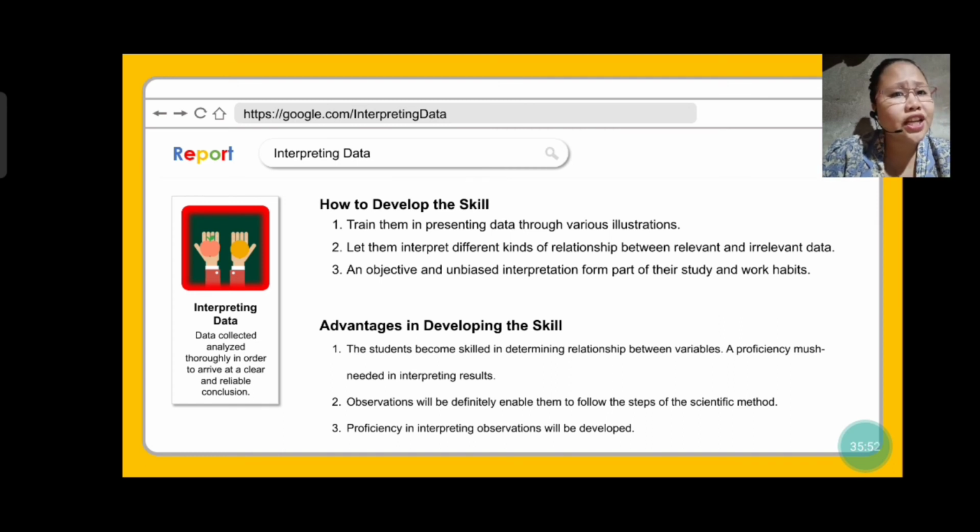And third, with proficiency in interpreting the data, observation skills will be developed. They will develop the skill to gather and interpret the accuracy of the data, and they can formulate accurate conclusions.